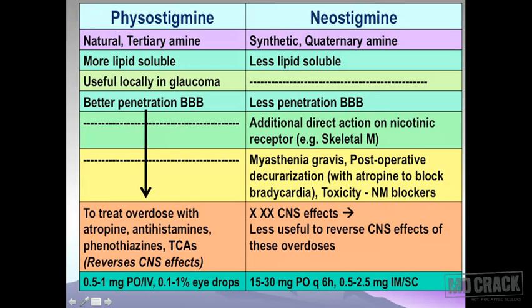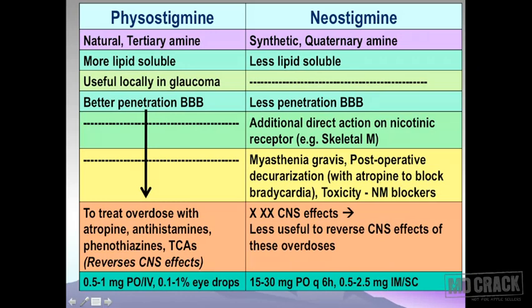Please have a look at the slide. And neostigmine is in the right column. As we already said, physostigmine is natural and neostigmine is synthetic. Physostigmine is a tertiary amine, whereas neostigmine is a quaternary amine. Quaternary is 4.